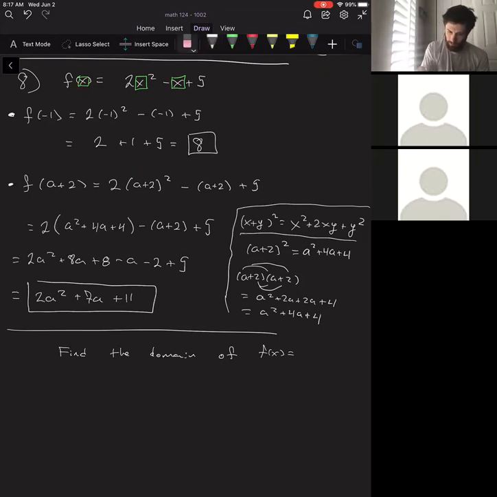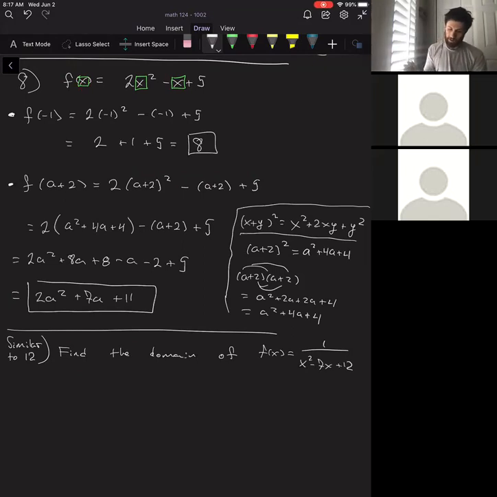I'll just call this a problem similar to 12. Find the domain of 1 divided by x squared minus 7x plus 12.